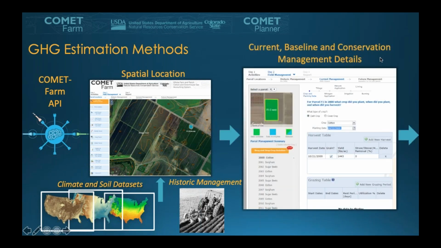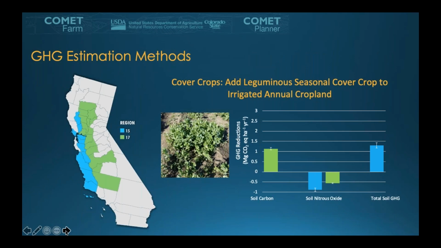And so it's modeled similarly because it is using the COMET farm methods and models, and so it's just run through the COMET farm API. But if we go through how it's set up, actually this page first. So the difference in emissions is presented for COMET Planner in a tabular report that you can also download.